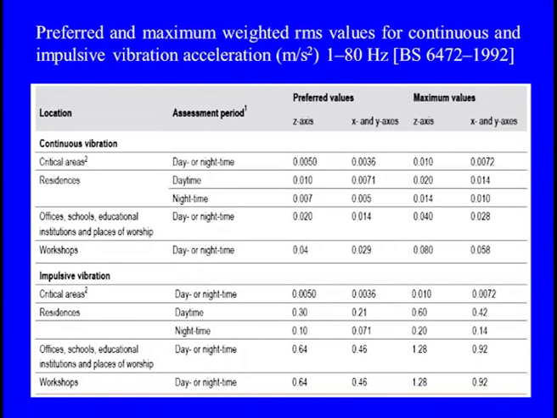So this table on the screen shows that whether you have continuous vibration or impulsive vibrations, we can go with the assessment period and the possible preferred value of the vibration in the vertical and horizontal directions, and the maximum value, because these values have a direct impact on work performance, accuracy or precision, and the human hazard.